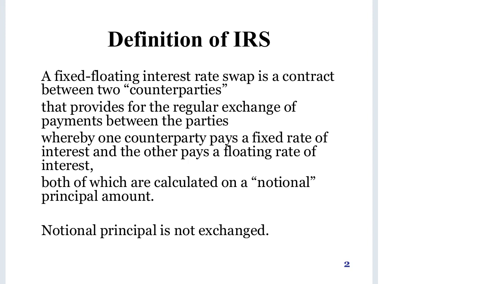It doesn't add any value, and therefore the principal is not exchanged. However, in the context of a currency swap, this is not true, and principal will have to be exchanged. That comes later. But in an interest rate swap, we know the principals are notional, and therefore they do not add any value to the process.